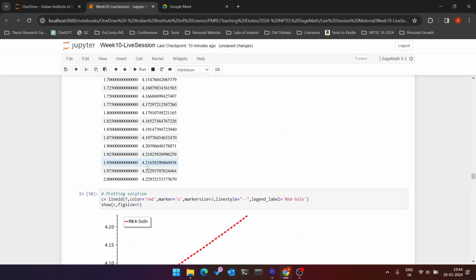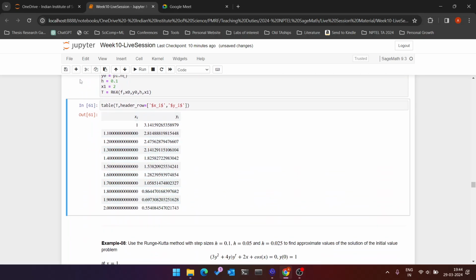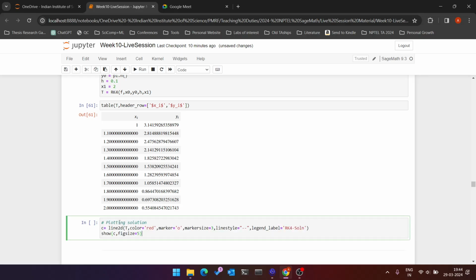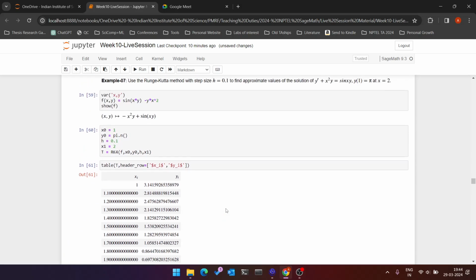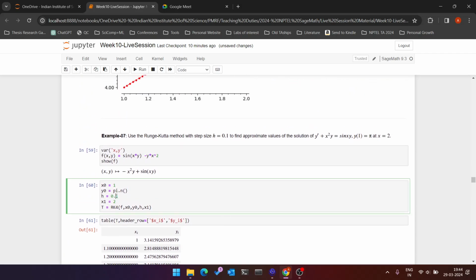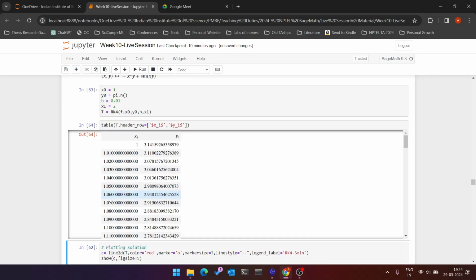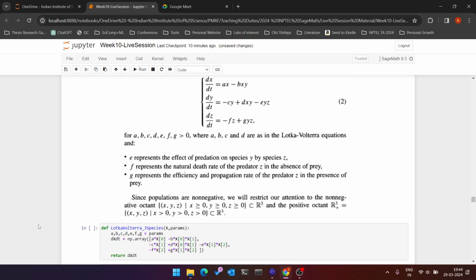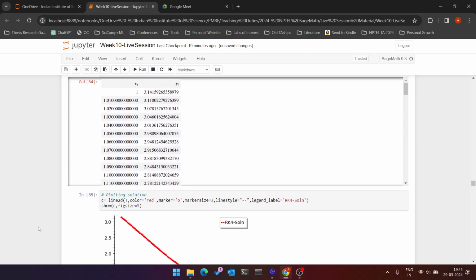I think I could also plot the solution in a similar manner as to here. If I print this, this is how the solution looks like. If I play around with the step size even more, if I reprint the solution, how it looks like.